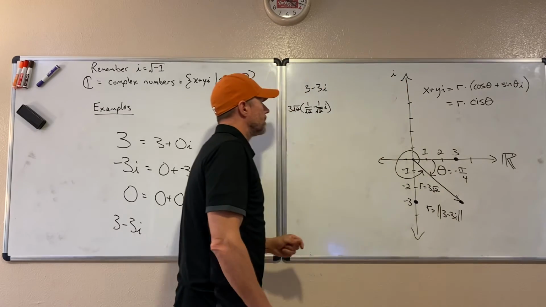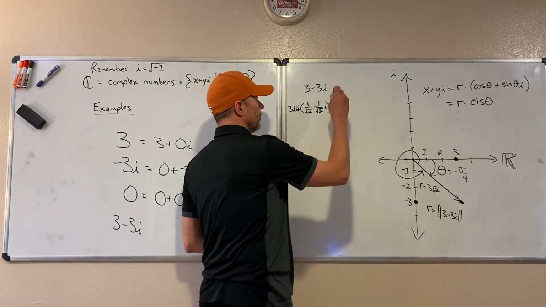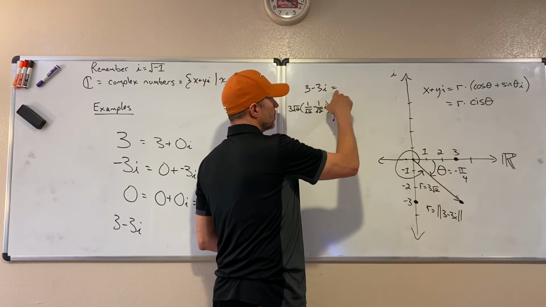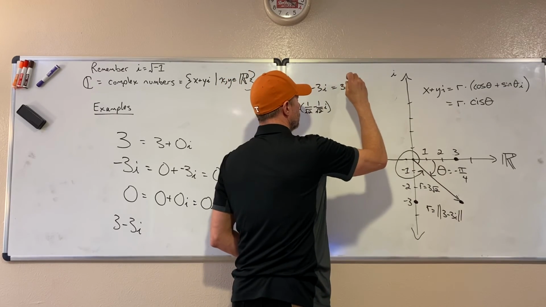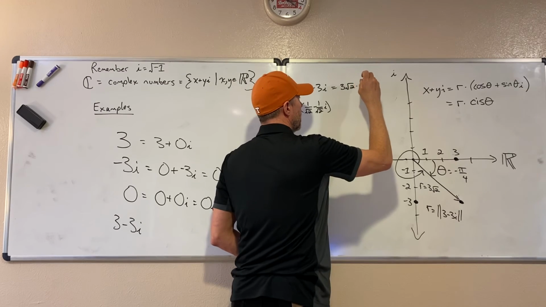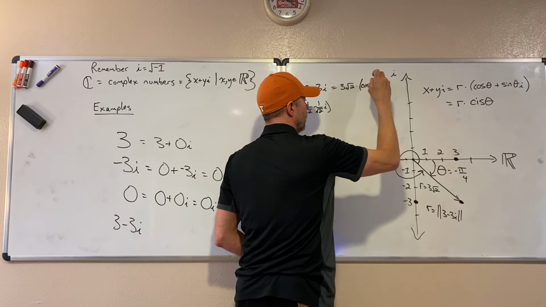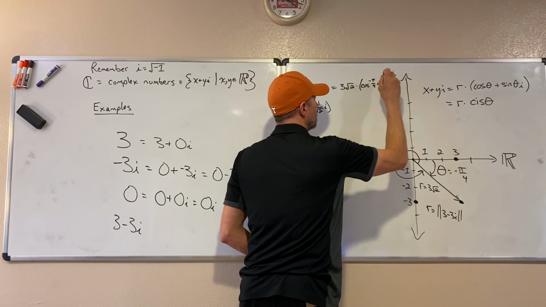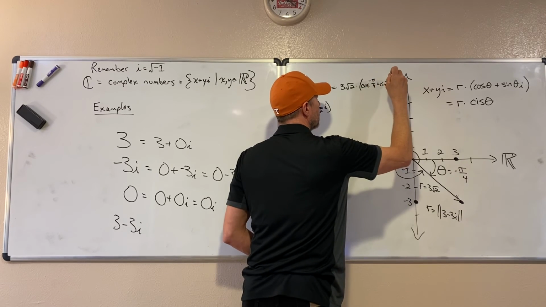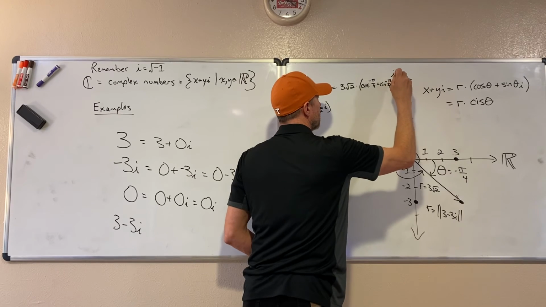Now, let's see how that works over here for us. So this is supposedly equal to its modulus that we said was 3 root 2 times cos of its argument, negative pi fourths, plus sine of its argument, negative pi fourths, times i.